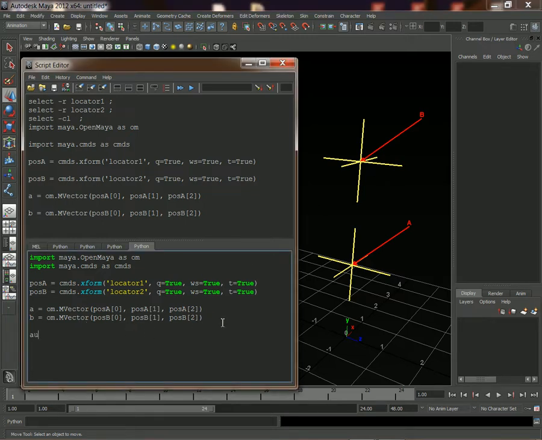So let's say AU for A unit vector. And we'll say A.x divided by A.length, comma, then A.y divided by A.length, comma, then A.z divided by A.length.